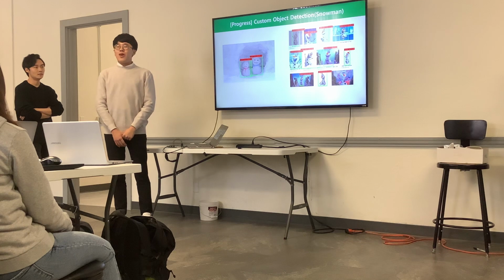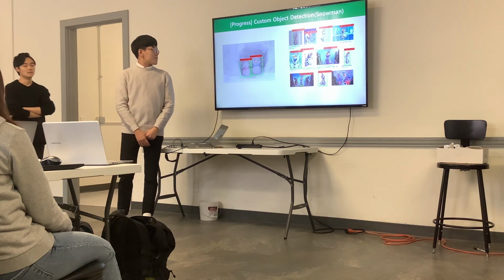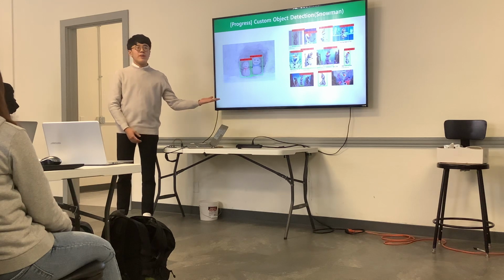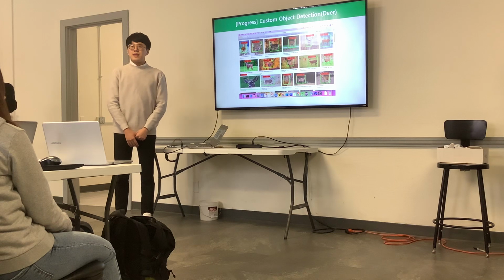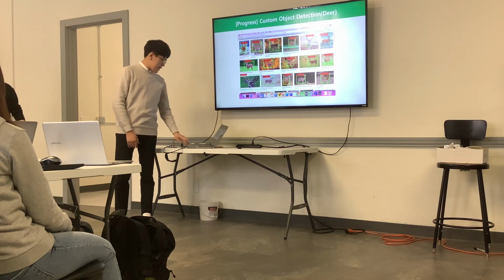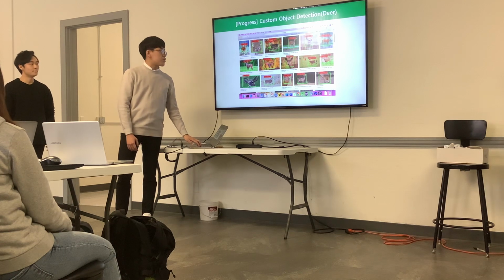First, we trained our model using snowman images in Google Open Images. It worked well with this kind of snowman images. Next, we trained our model using deer images. As you can see, the performance of our model gets better as the training iteration proceeds.